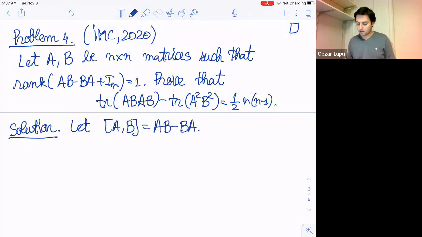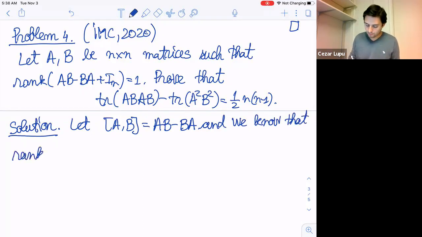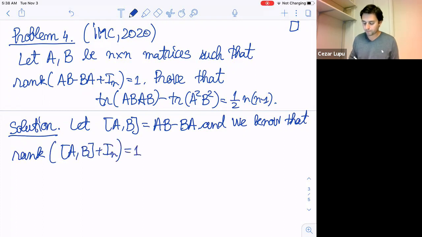And we know that the rank of this matrix, the bracket AB plus the identity, is 1.